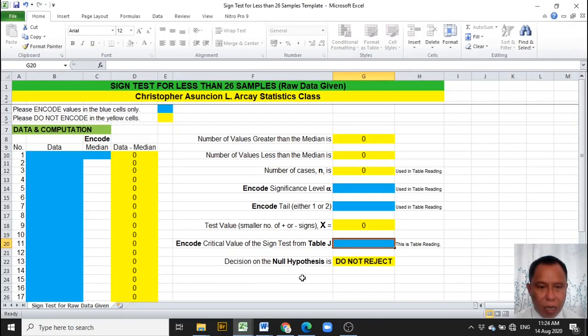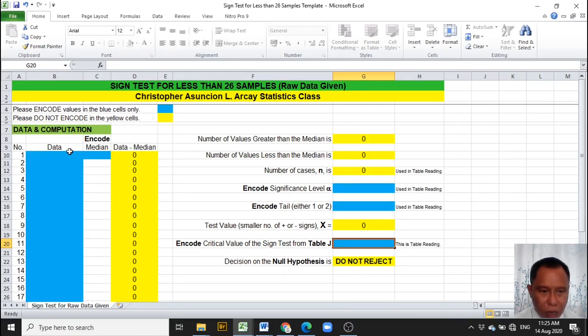This is our Excel template. If you are going to notice it, there are colored yellow and colored blue cells. The colored yellow cells also contain default values. These default values will be read only after we encode the values in the blue cells.